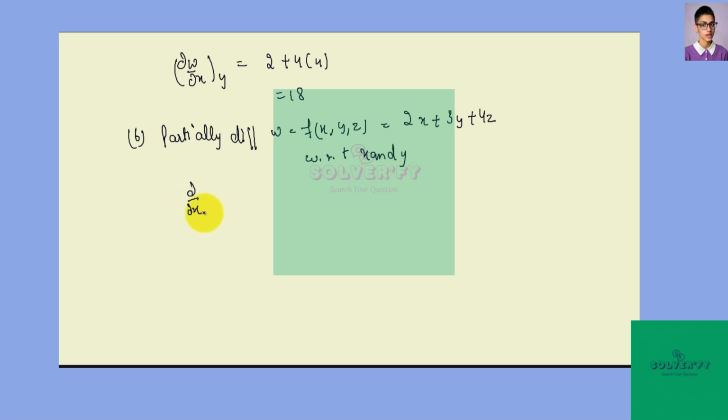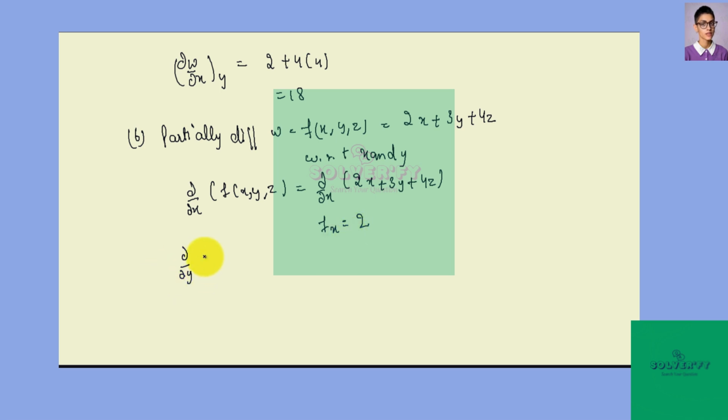When we differentiate with respect to x, ∂/∂x of f of x, y, z is equal to ∂/∂x of 2x plus 3y plus 4z. We know that f_x is 2. When we differentiate this function with respect to x, we have the value 2.